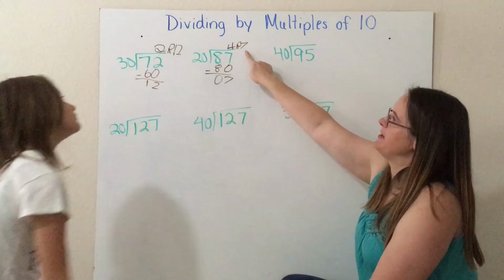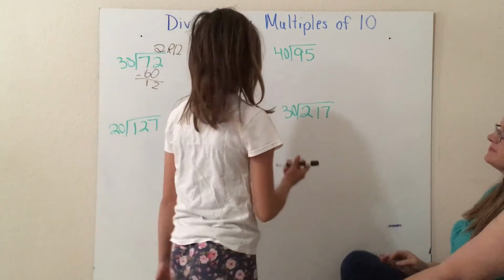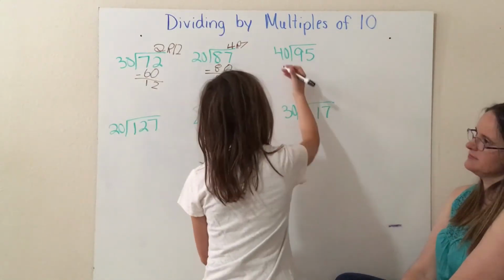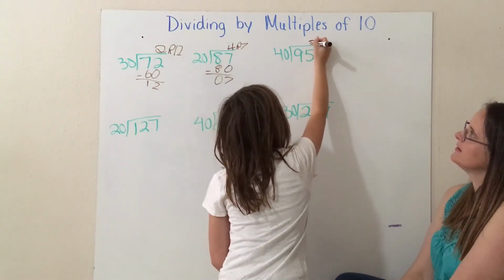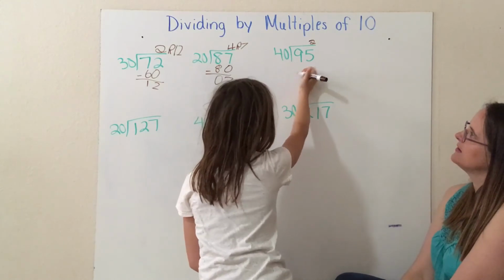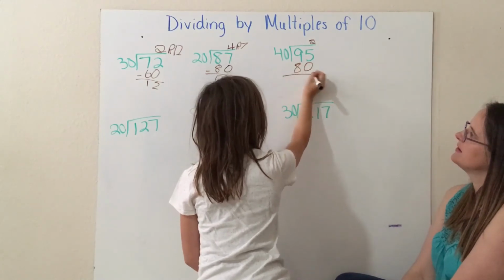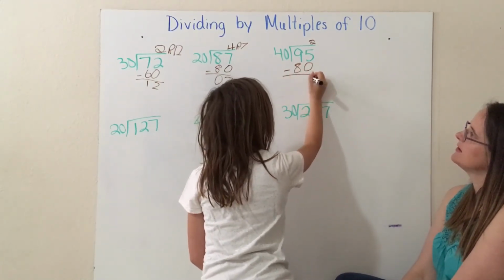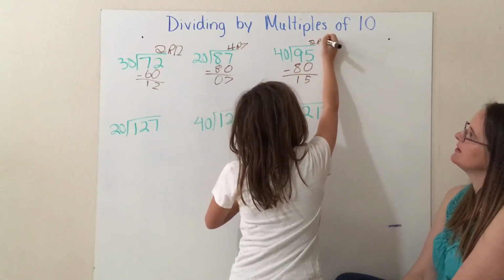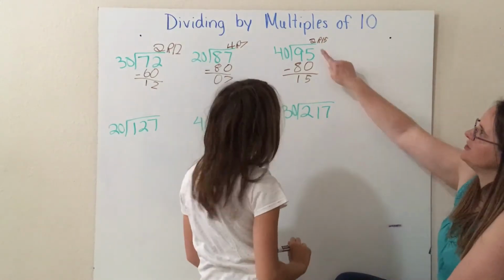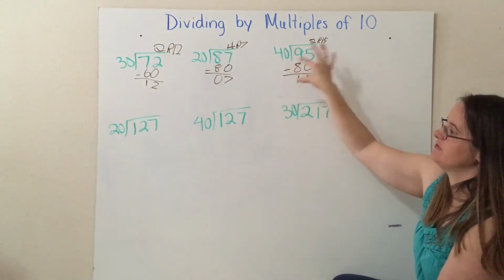She got 4 remainder 7 for this problem here. Try the next one. And 2 remainder 15. 2 remainder 15 for this problem here. So far, these are all correct.